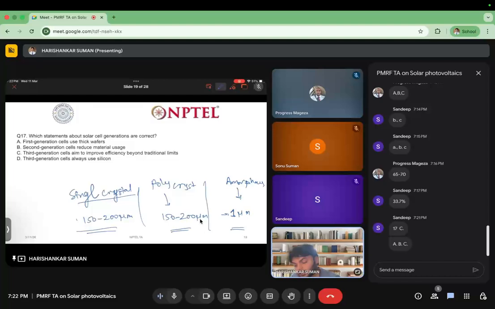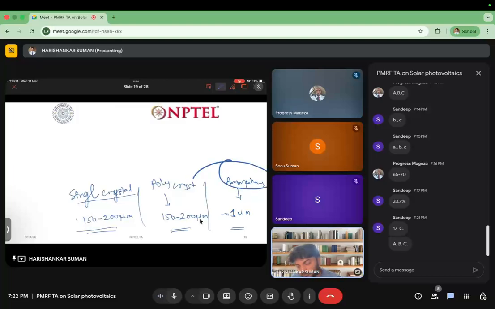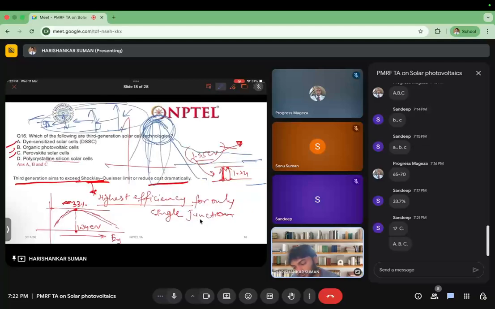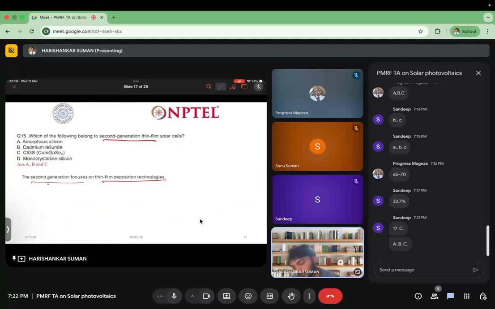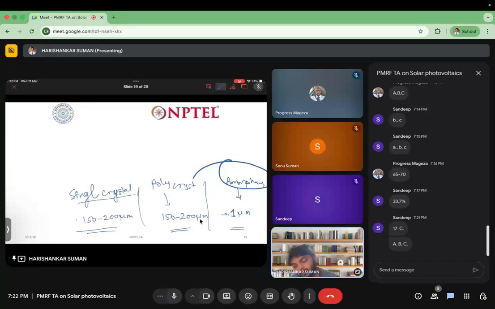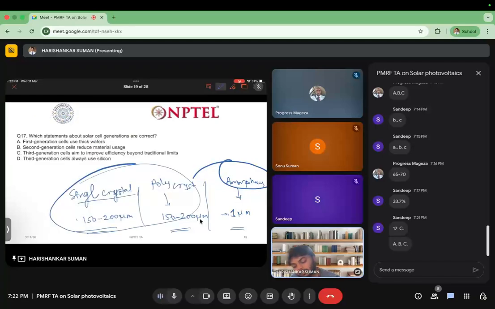So second generation, as we discussed, is also the amorphous. First is, so this is categorized in first. This thickness is too high. So the aim for second generation is to reduce this thickness and also the material uses.